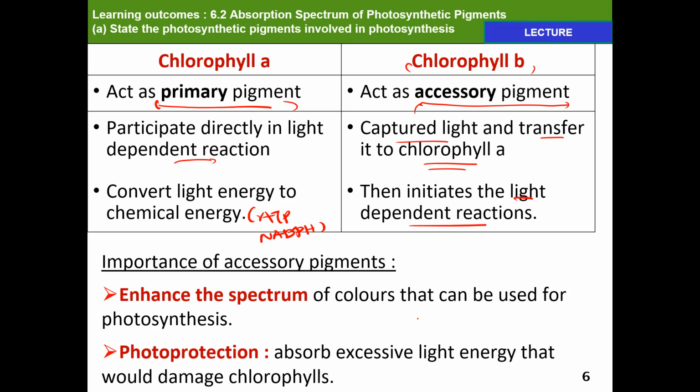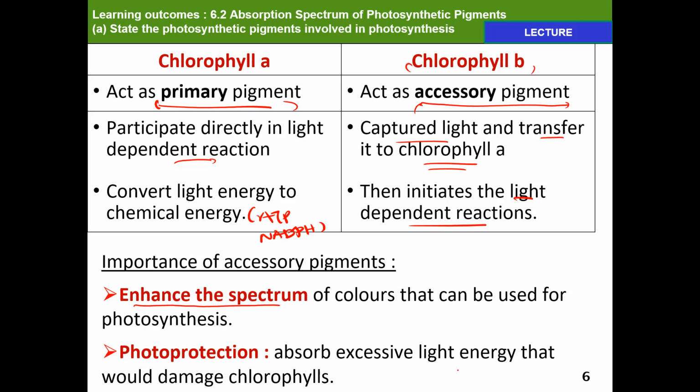What is the importance of the accessory pigment in photosynthesis? First, it enhances the light spectrum absorption. As we know, chlorophyll a only has a certain area of absorption spectrum. With accessory pigments, there is more absorption spectrum, so more light can be absorbed by the photosynthetic pigments.